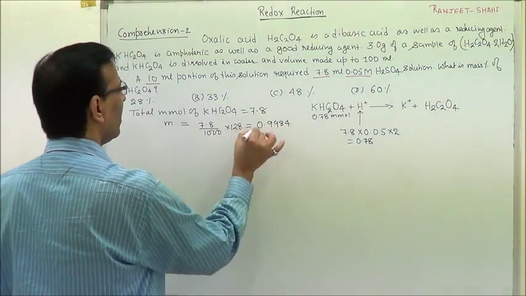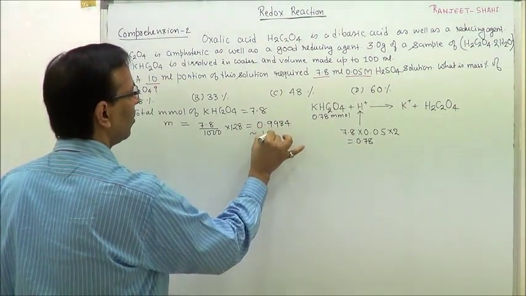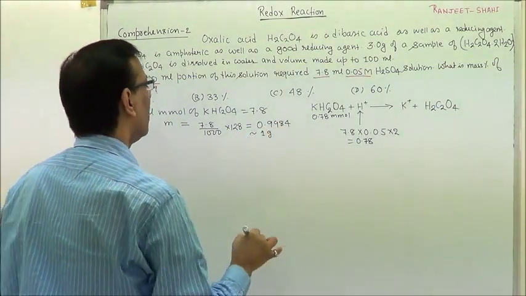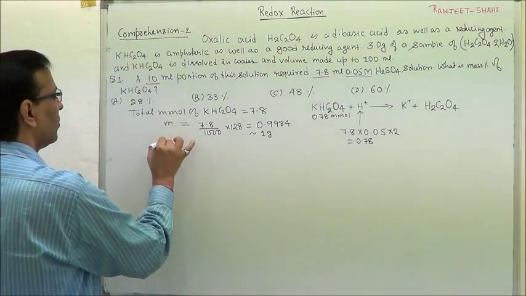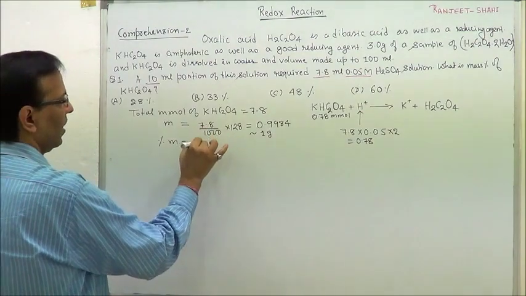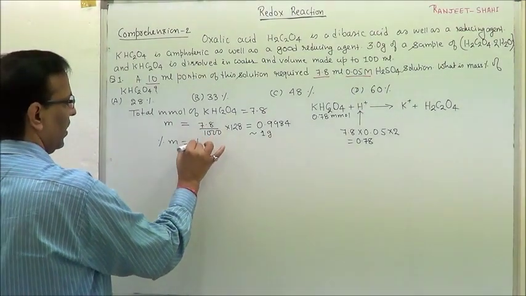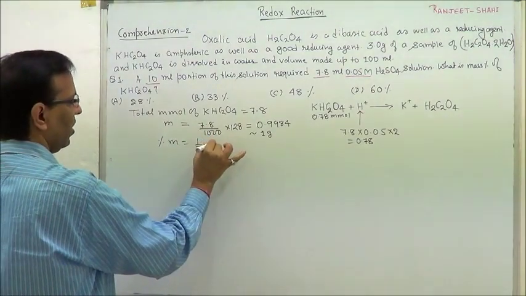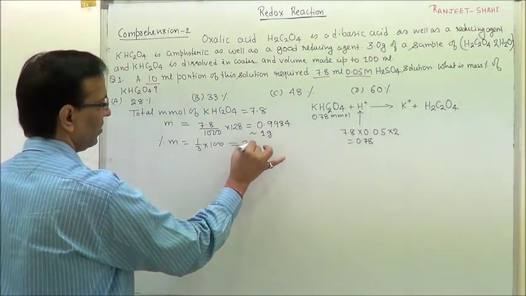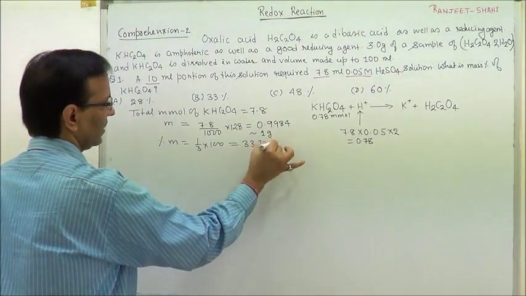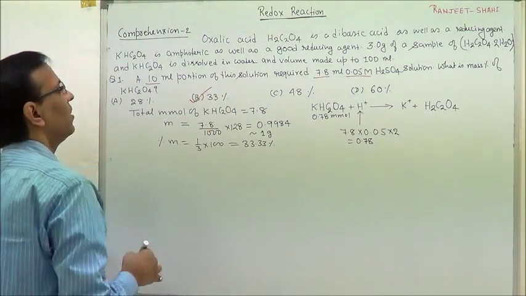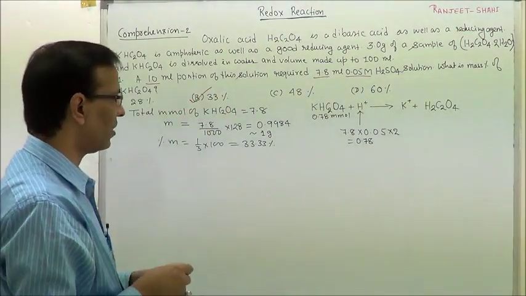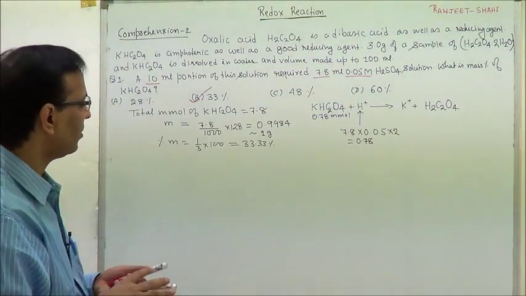So you can say approximately 1 gram. If we convert it into percentage, percentage mass would be 1 by 3 into 100, so around 33%. So the correct answer is B, 33%. Potassium hydrogen oxalate is 33%.